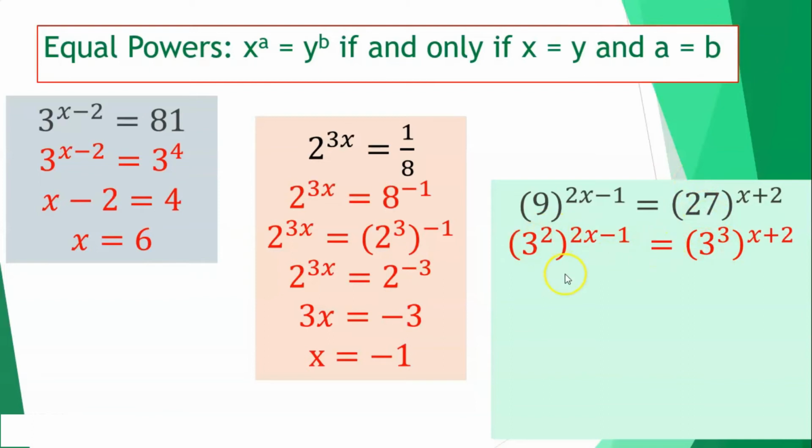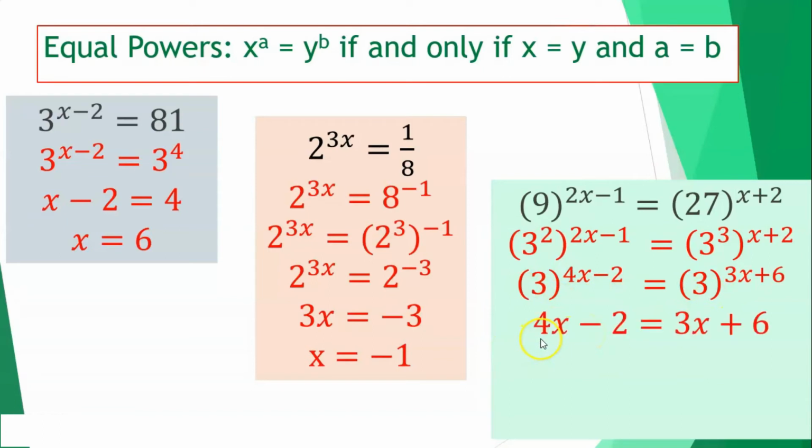So simplifying this, 2 times 2x minus 1 is 4x minus 2. Then distribute 3 here, so that would become 3x plus 6. So at this point, the bases are equal, so we can equate the exponents. So 4x minus 2 is 3x plus 6. So combining like terms, so simplifying, x is equal to 8. So take note, this is equal powers.